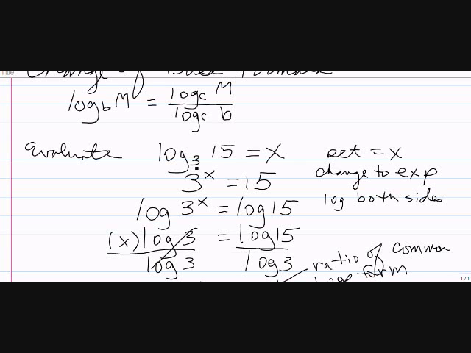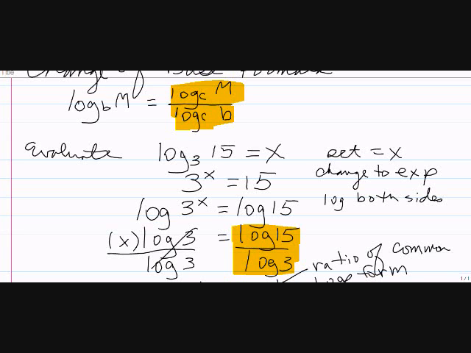So log base 3 of 15 is log base 10 of 15 divided by log base 10 of 3. So that's where this formula gets expressed. And you might be able to just go from change of base formula to the answer, especially after you've done a few of these. Or you might just like working it through with the 3 steps each time.